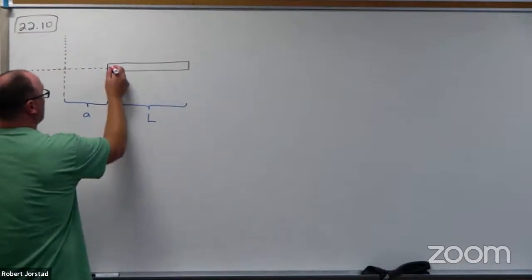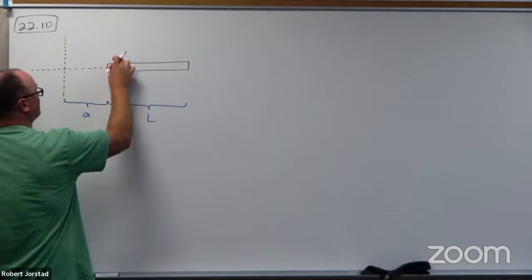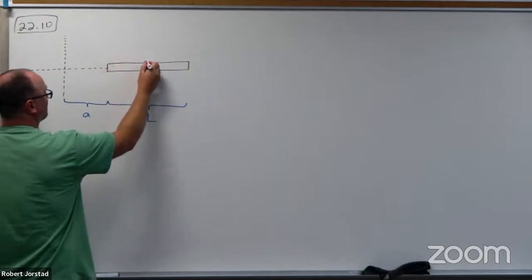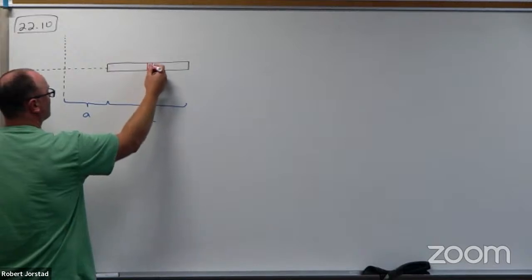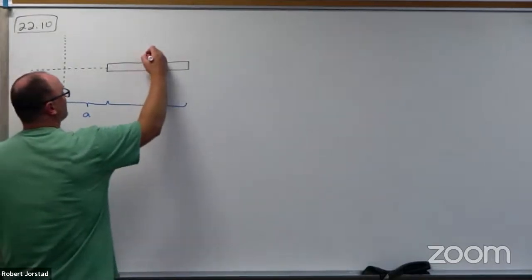We're going to build this thing up out of a bunch of point charges. And rather than drawing all of them, I'm just going to draw one of these little point charges. So let's say we split this thing up into little chunks. And I'm most interested in this little chunk. So this is my chunk.